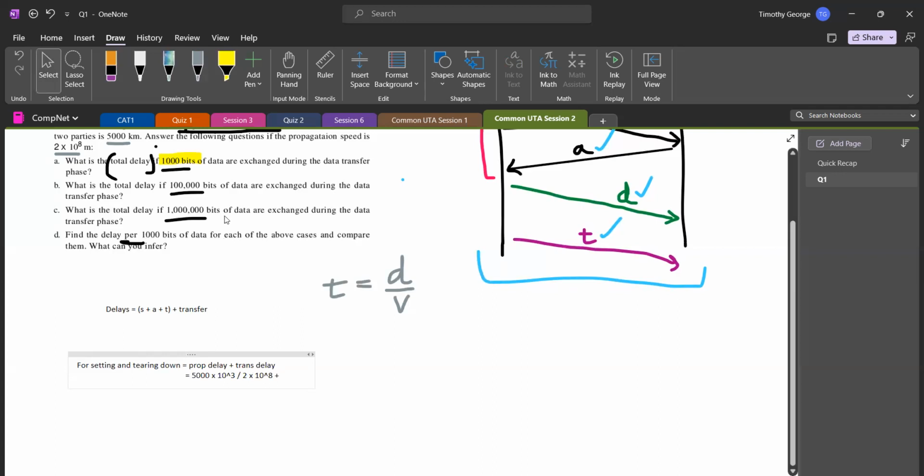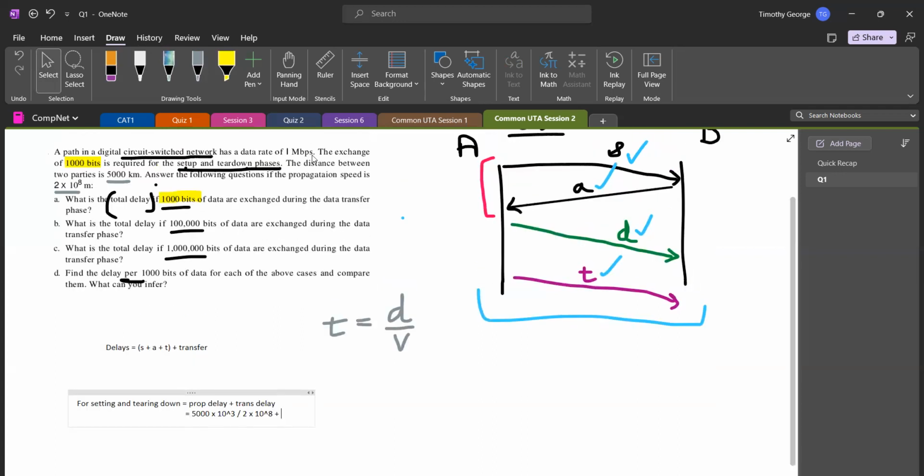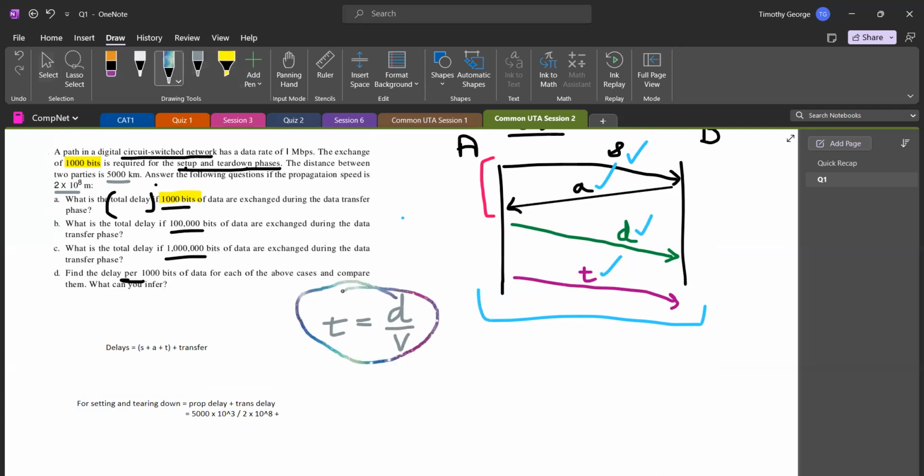Now, what is the transmission delay? Again, you're using this same formula. This is the only formula, but you need to know what you're going to use it for. You have 1,000 bits that need to be transferred, and what is the speed? This is the bandwidth, right?